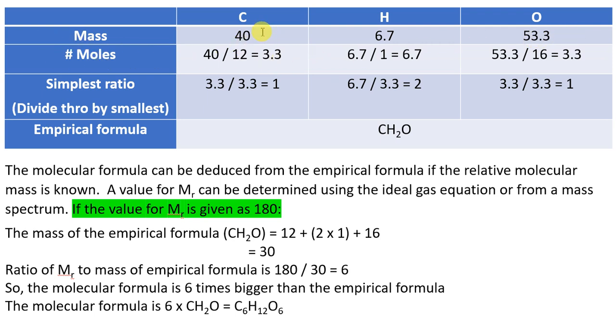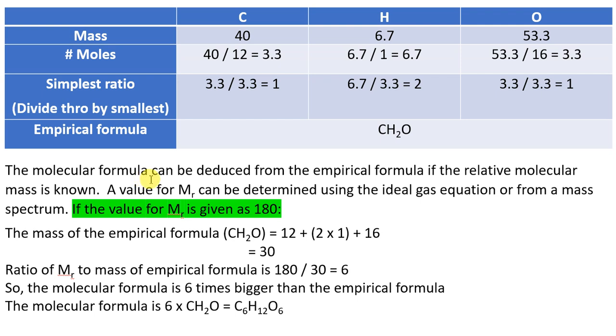To get the moles, dividing by my relative atomic masses. That will give me 3.3 carbon, 6.7 hydrogen, 3.3 oxygen, and then, best thing you can do, get the simplest ratio by dividing through by the smallest. 1 to 2 to 1, CH2O.